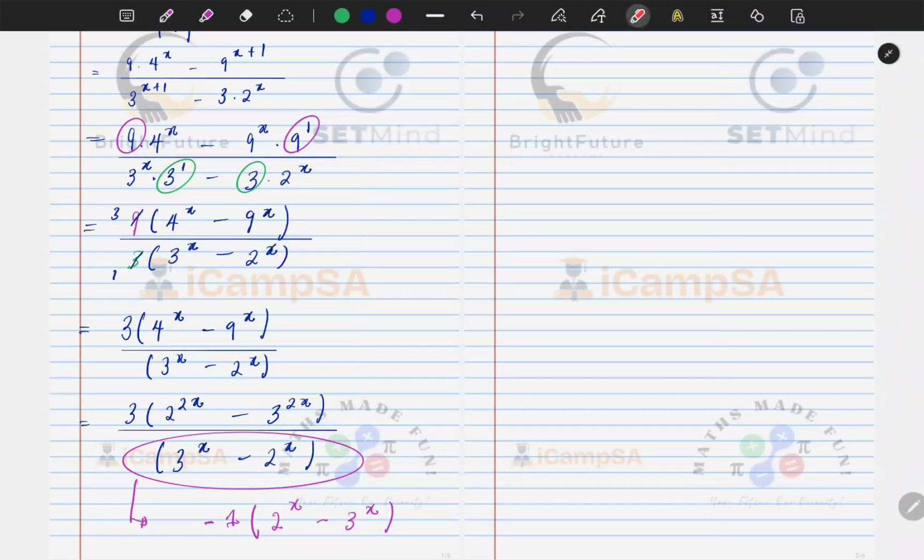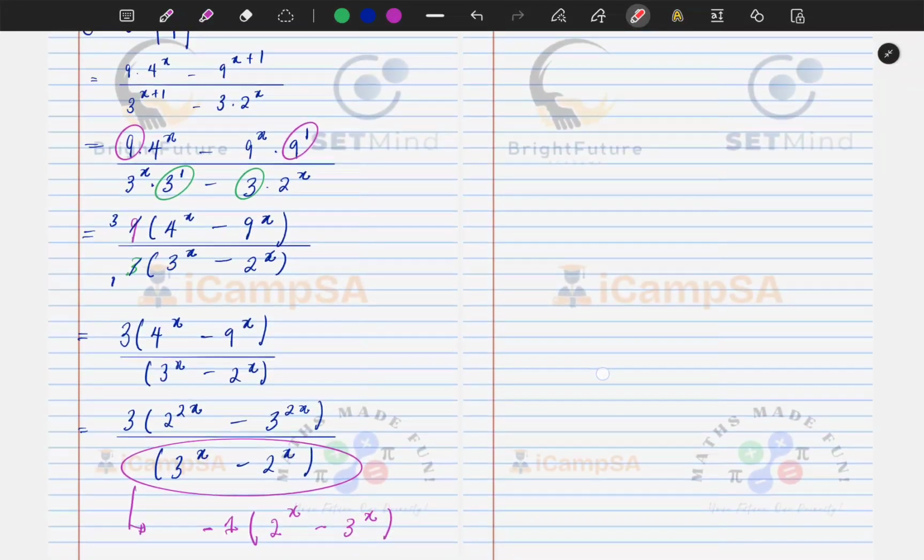Because if I say -1 times -3 to the power of x, it's going to give me positive, which is this one. So what I've essentially done is I've applied the negative sign and changed the positions.